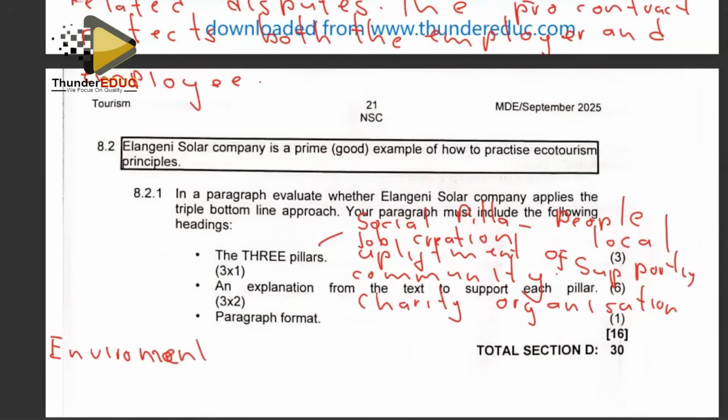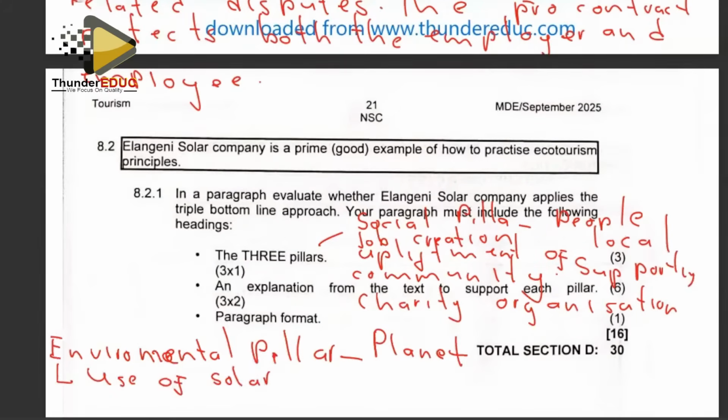Environmental pillar, which is also known as the planet. For this one, the use of solar energy reduces the carbon footprint.